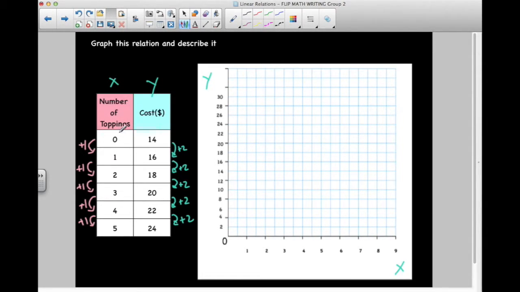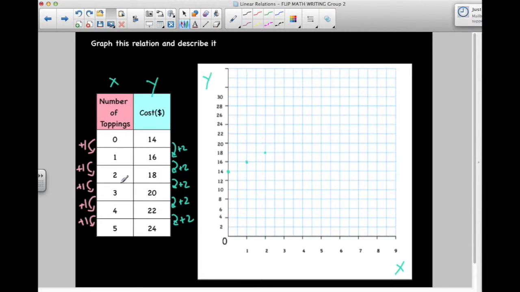So remember, if we have 0 toppings, the cost is $14. So here's 0, right? 0 toppings, we have $14. If we have 1 topping, our cost is $16. 1 for x, 16 for y. When we have 2 toppings, our cost is $18. 2 for x and 18 for y.